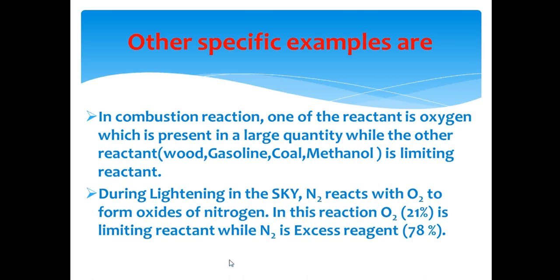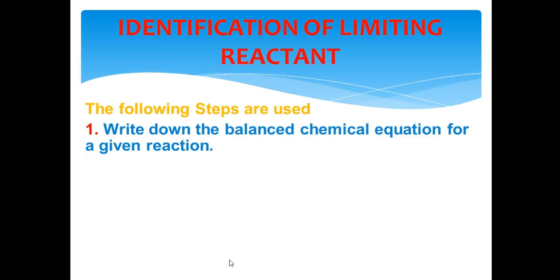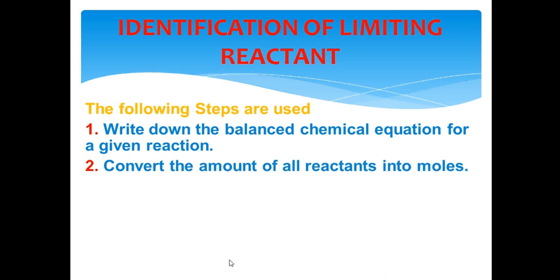Now, the steps which are used to identify limiting reactants are: number 1, write down the balanced chemical equation. Number 2, convert the amount of all reactants into moles.